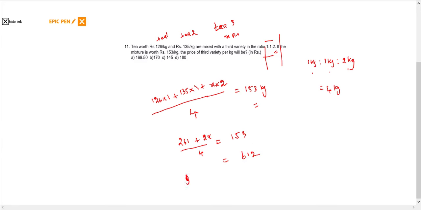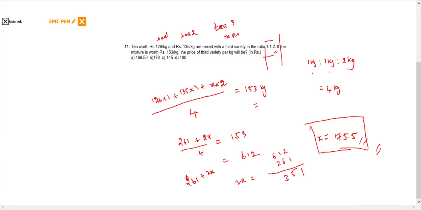So 261 plus 2x equals 612, 2x equals 612 minus 261, which is 351. So x is nothing but 175.5 rupees.